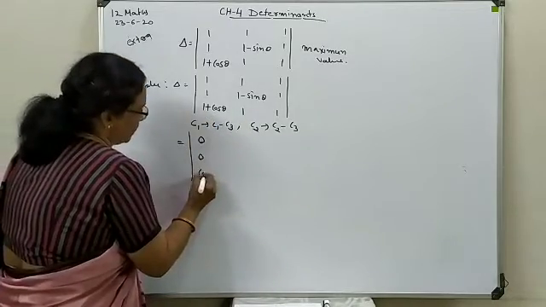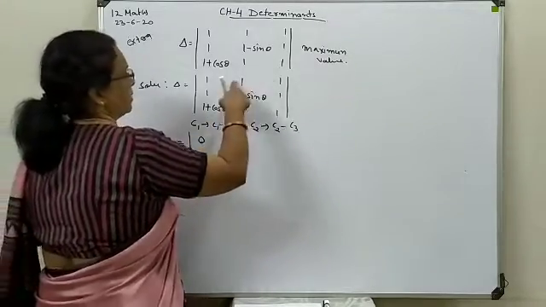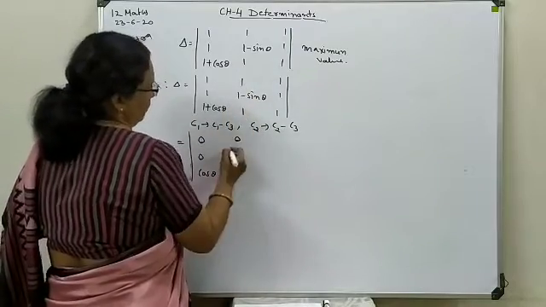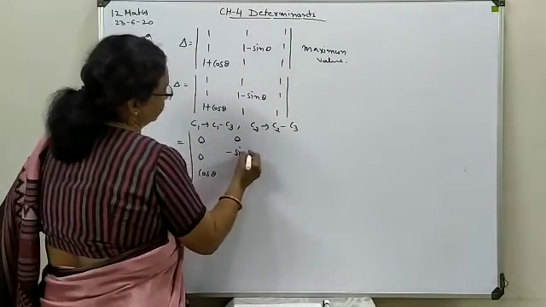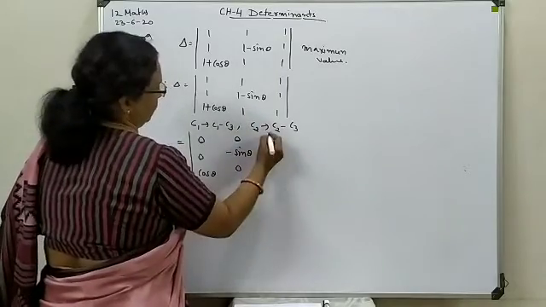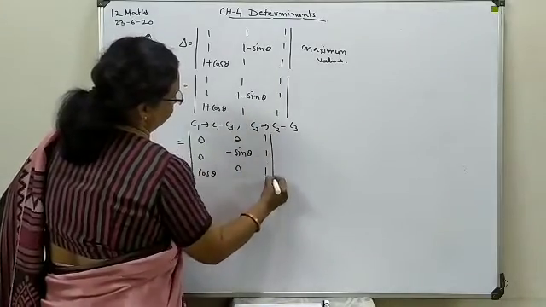On subtraction cos theta will be left. On subtraction by the third column it is 0, minus sine of theta, this is again 0. This remains unaffected.